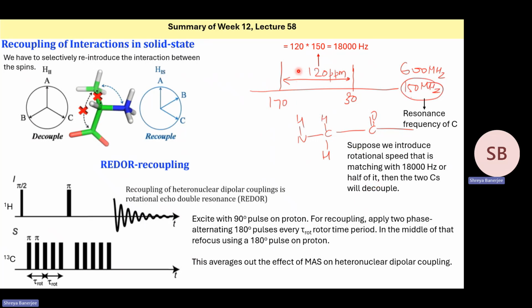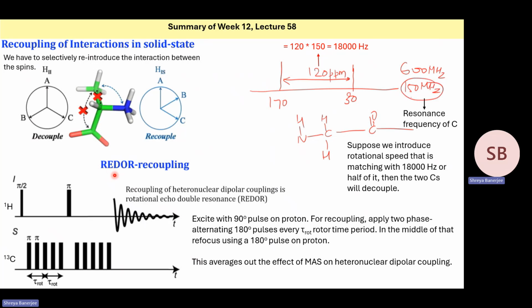We were spinning the rotor containing the sample at speeds after calculating this frequency difference, and after spinning it at those speeds, the decoupling was happening. Now we have to recouple, so that we get the anisotropic interactions back, so that we can find out the geometry of the orientations of the protein or other molecule.